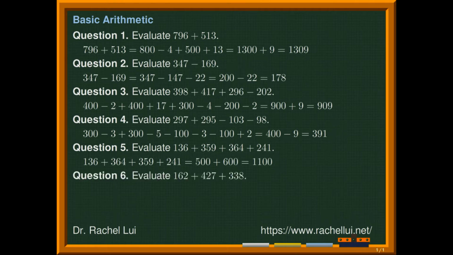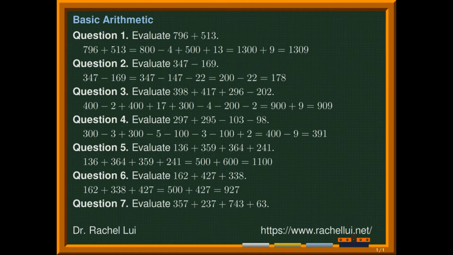Question 6. Evaluate 162 plus 427 plus 338. Similar to the previous questions, we will group 162 and 338 together, because when these two numbers add up, they form 500. So 500 plus 427 gives us 927. Question 7.